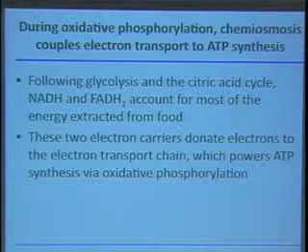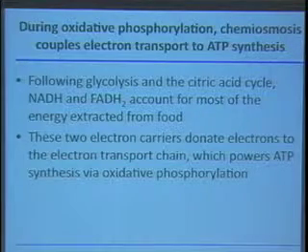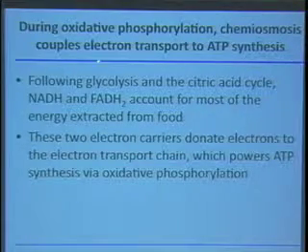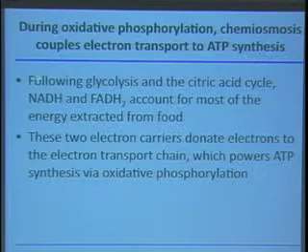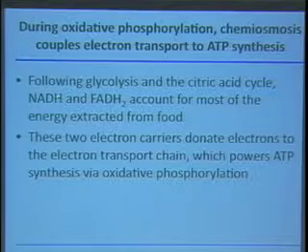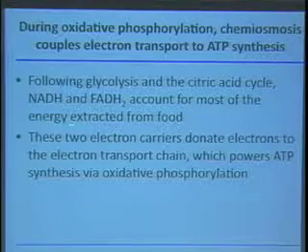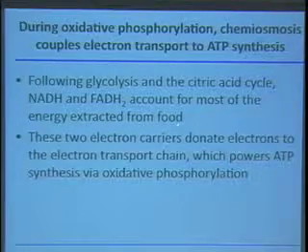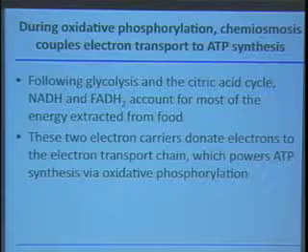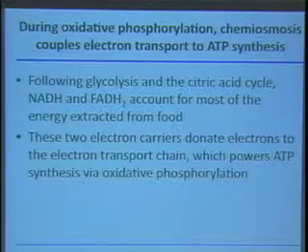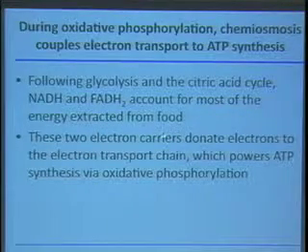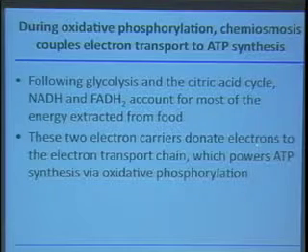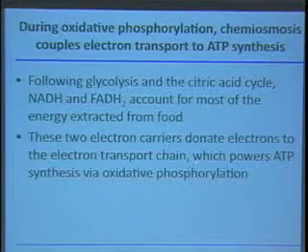All right, and so as we said, after glycolysis and the citric acid cycle, we have a lot of NADH and FADH2 that account for most of the energy that's extracted from food. Okay, but how does that work? What does that mean that we've extracted energy? And basically, it means that these are two electron carriers that can now donate electrons to what's called the electron transport chain.